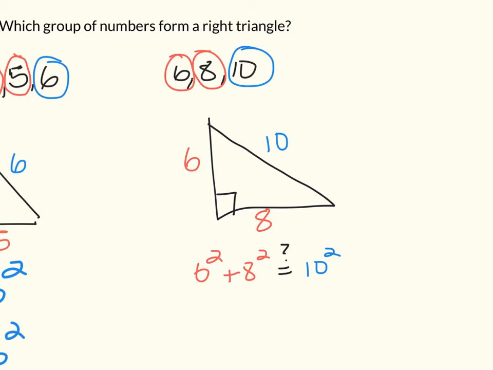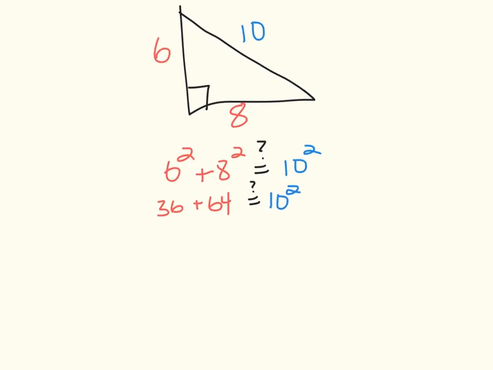And now let's see. 6 times 6 is 36. 8 times 8 is 64. So is 36 plus 64 going to be the same as 10 to the power of 2? 36 plus 64 is 100.